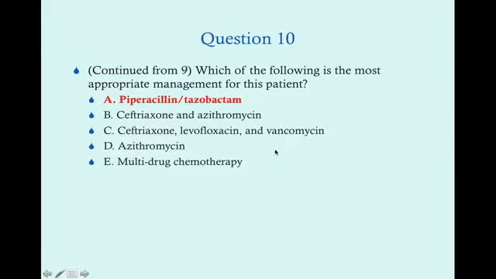Azithromycin oral would be something to give to a patient who's got pneumonia but is otherwise pretty healthy, pretty stable, don't need to hospitalize them, going to treat them on an outpatient basis. And then multi-drug chemotherapy would be the answer choice that you would have chosen if you had thought that this patient had lung cancer, which he probably does not, but certainly has a lot of risk factors for lung cancer, just not the symptomatology.